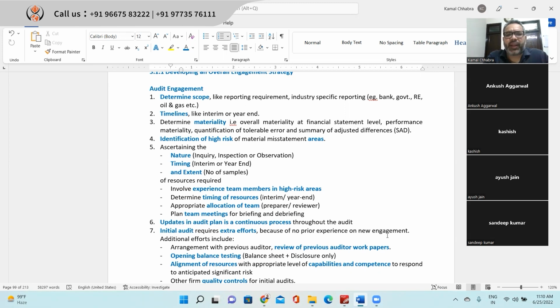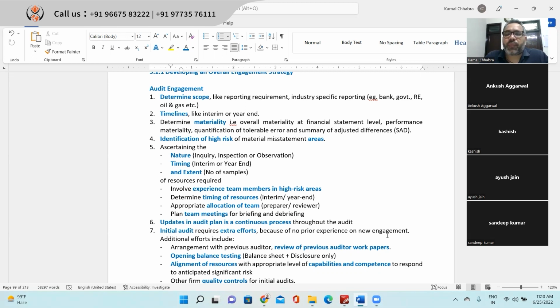In terms of determining the materiality, you'll be determining the materiality at the financial statement level, right? And then you'll be determining the materiality at a performance level, removing certain, you can say, detection risk. And then you'll be calculating the quantification of tolerable error. So what all things you can ignore, you'll be calculating that amount as well, which is called tolerable error.